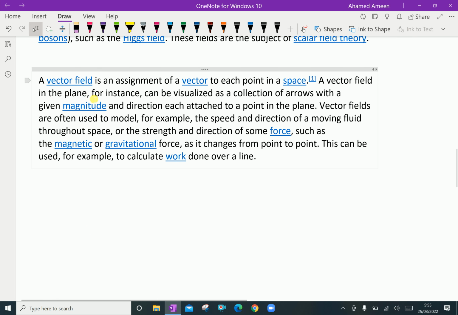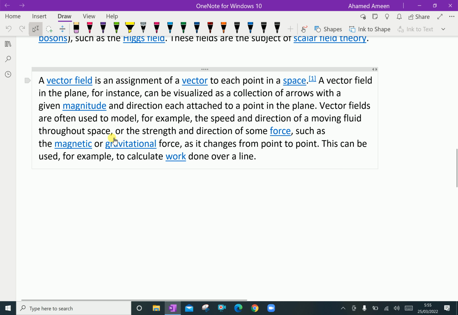A vector field is an assignment of a vector to each point in a space. A vector field in the plane, for instance, can be visualized as a collection of arrows with a given magnitude and direction, each attached to a point in the plane. Vector fields are often used to model, for example, the speed and direction of a moving fluid throughout the space.